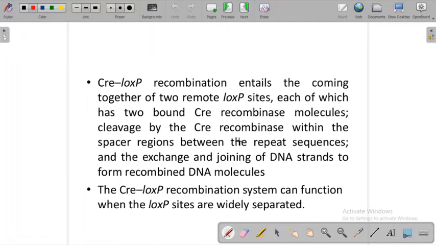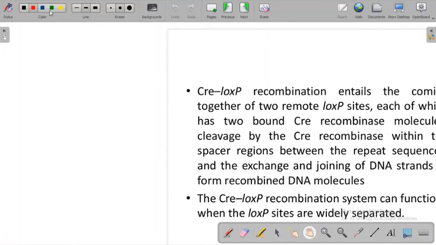What happened in the bacteria? Let me show you. This is the E. coli bacteria, right? And I'm not very good at diagrams. This is the bacteriophage, and it is integrating its DNA material. It is now circularizing, right?